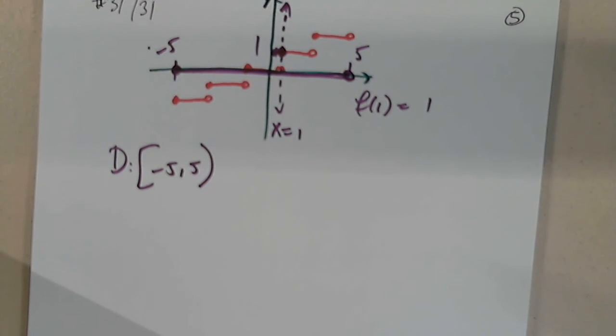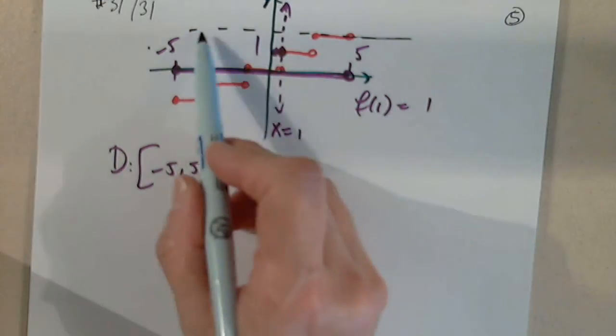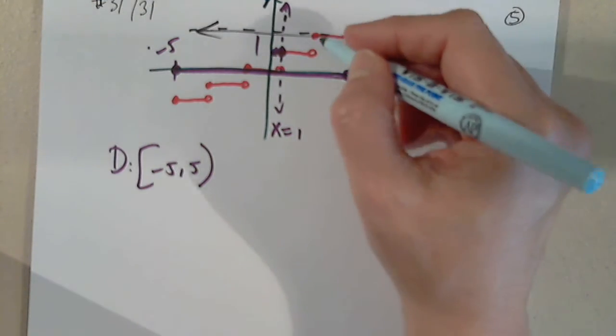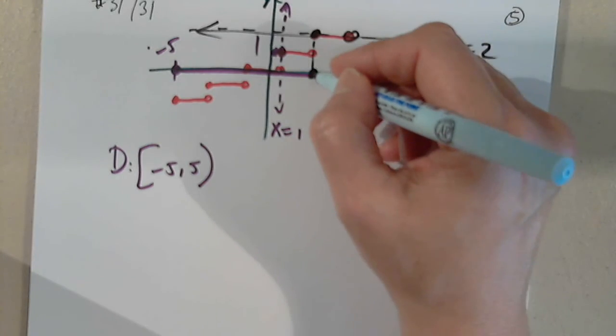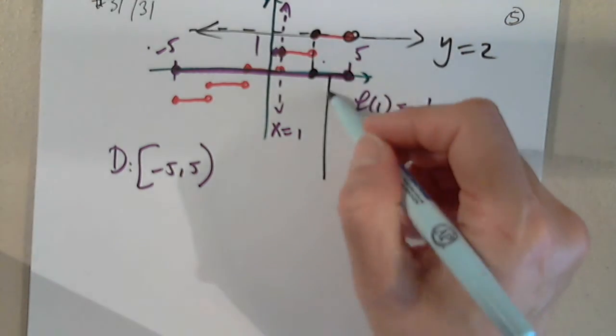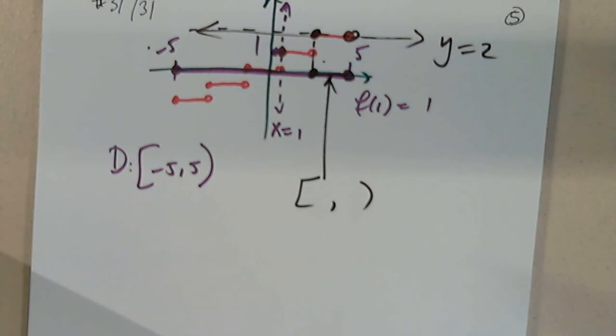Then we're asked to find all values of x such that f of x is 2. This time I will draw a horizontal line. So this is y equals 2, and I will determine the x values for that. So this is the interval, and the interval is between 3 and 5.